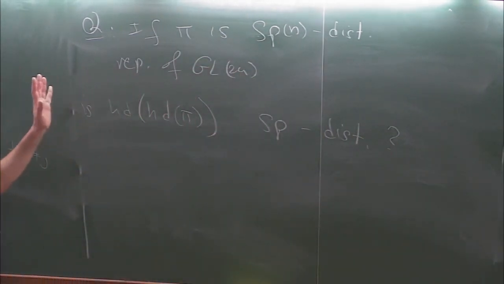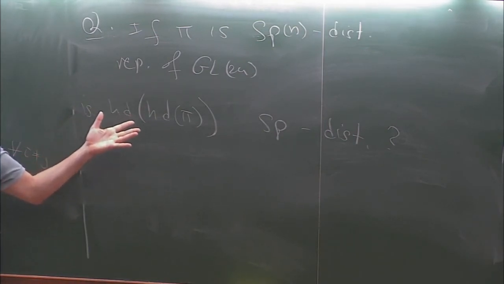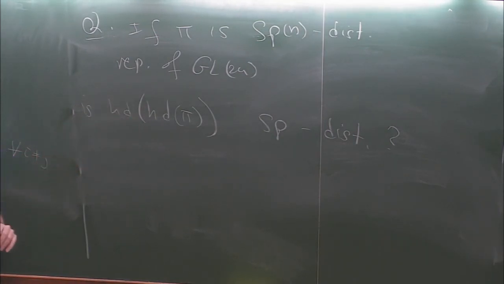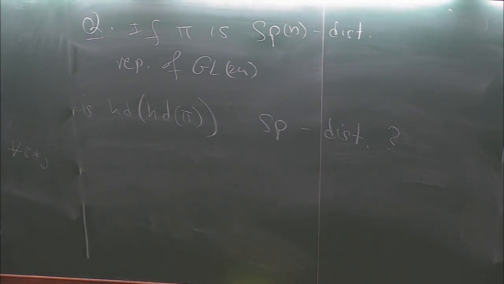And the answer is yes if the representation is ladder, and I have a suspicion that the answer should be yes in general, but we don't know, so this may be some tool that can help the classification in the future. I think I'll end here.